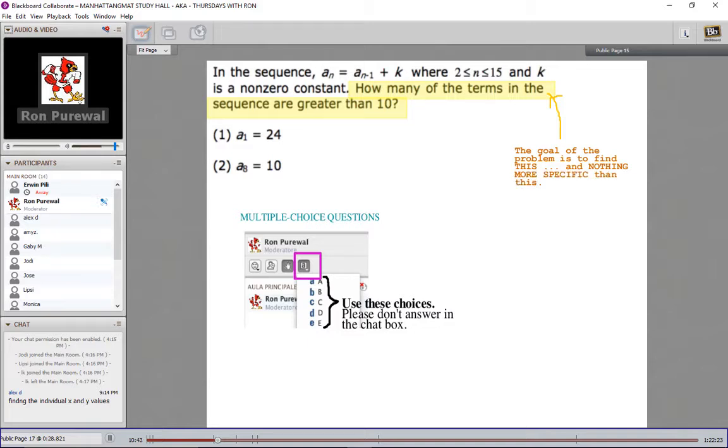Give it a shot. Give me a couple minutes to do it. Interesting. We got 4 answers so far, and they're all different.